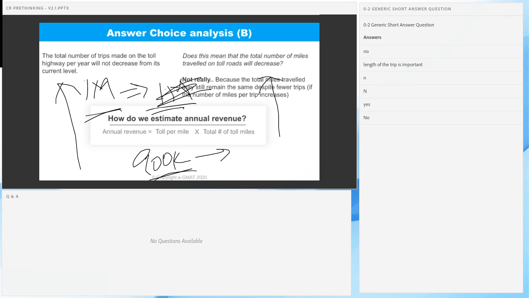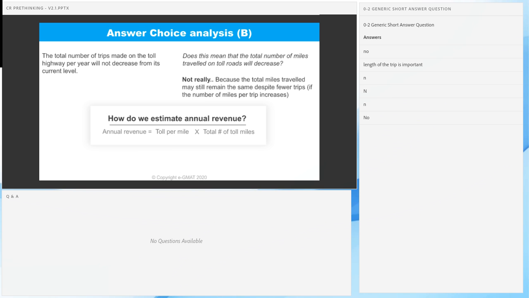Let me bring in the color palette. This is not must be true. Why? Because the total miles traveled can still remain the same, even if the number of trips goes down by 10%. Each trip could be 30% longer, and that would compensate for this.